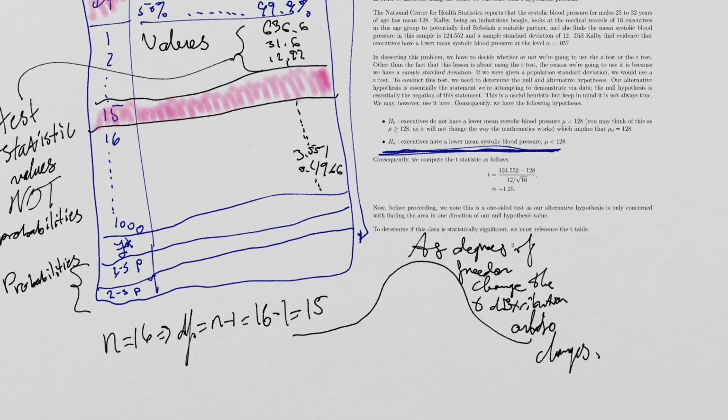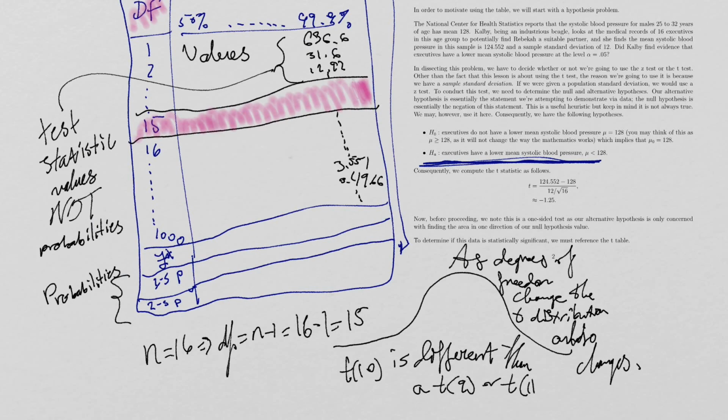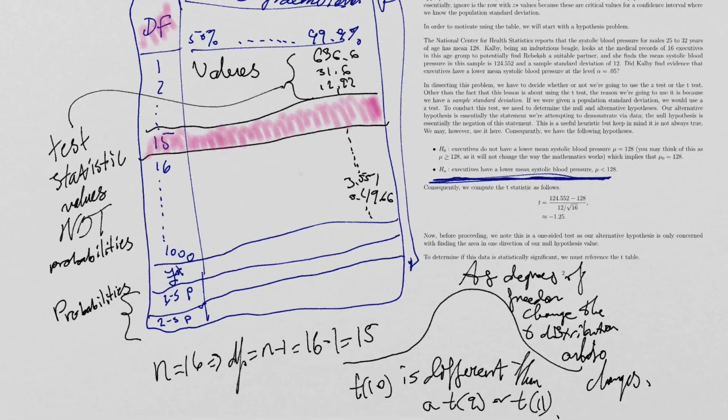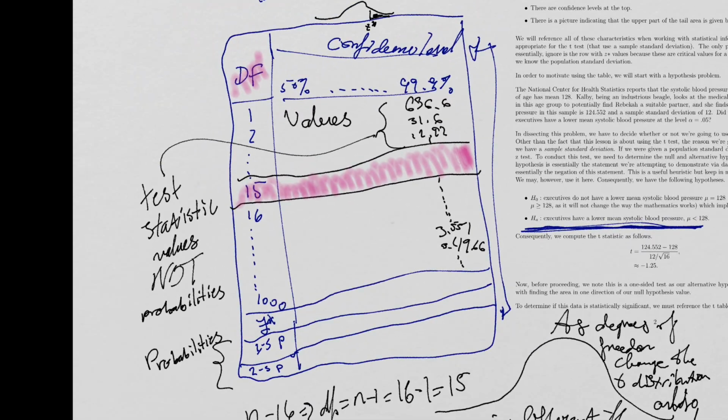Right, so I'm just going to say that one more time. As the degrees of freedom change, the t distribution changes. So a t of 10 is different than a t of 9 or t of 11. They're very, very, very different distributions. So when you change your degrees of freedom, you're changing what distribution you're working on.